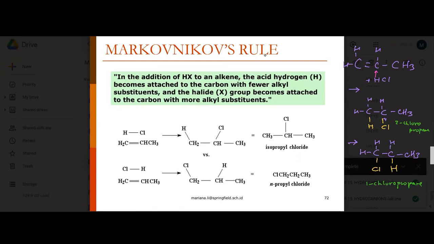Here, CH2=CHCH3. First the double bond attacks the hydrogen chloride. Hydrogen chloride is a polar compound, so Cl already has a partial negative charge and H a partial positive charge.